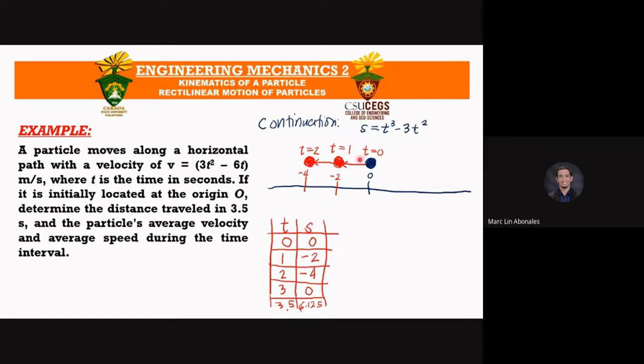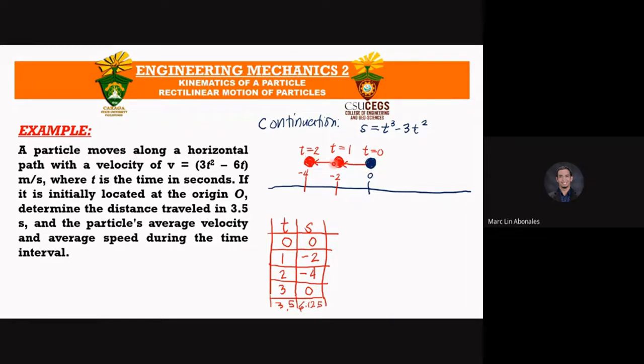But position is from the origin going to the actual position or location of the particle. So that's why for the 2, it is from 0 to negative 4.